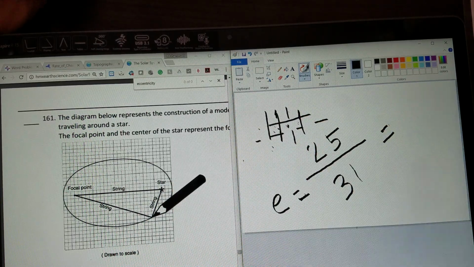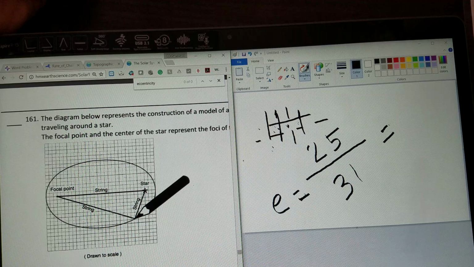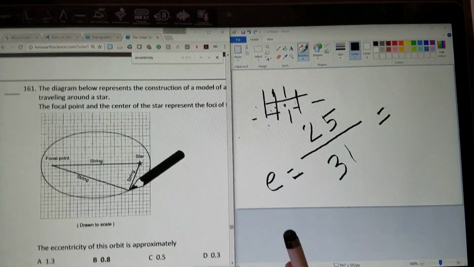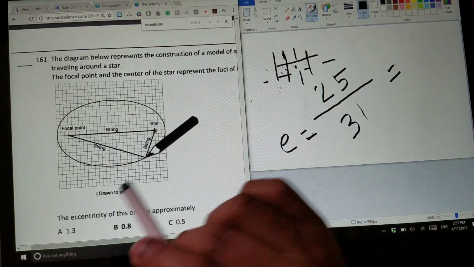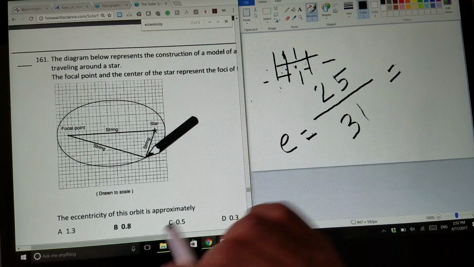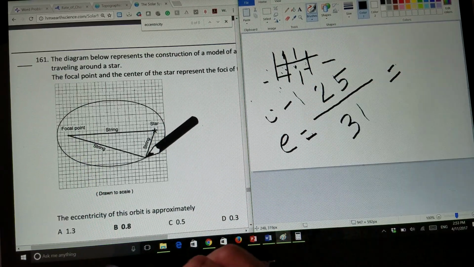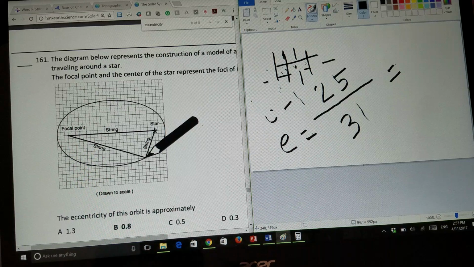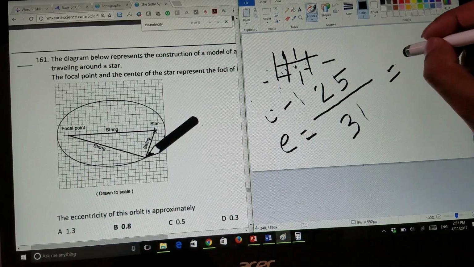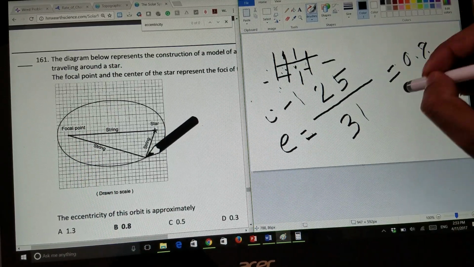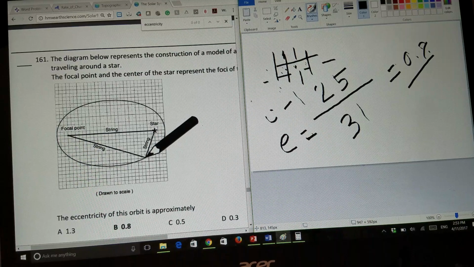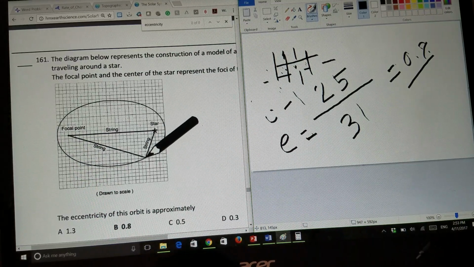If we look at the choices, you can see the answer is 0.8. We can eliminate choice A at the beginning because we know that the value of eccentricity is from 0 to 1, so you can cancel A. So we now know that the value is 0.8. That's how you do eccentricity.